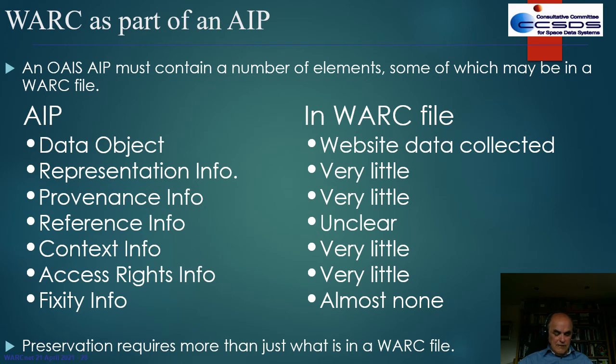We know what is needed to preserve digitally encoded information, namely the things in an archival information package, an AIP. This slide lists the components of an AIP and compares them to what is in a WARC file. One can see that a lot is missing.